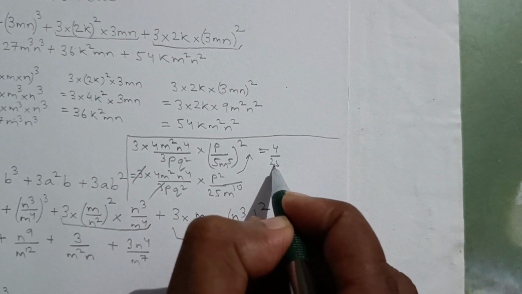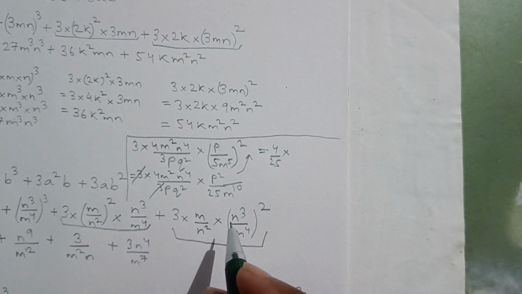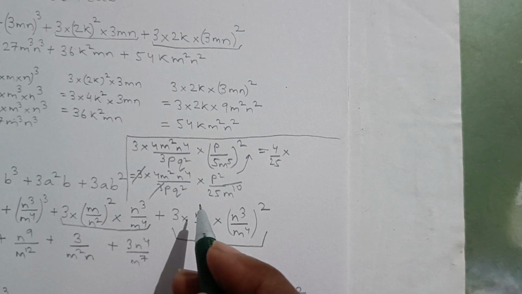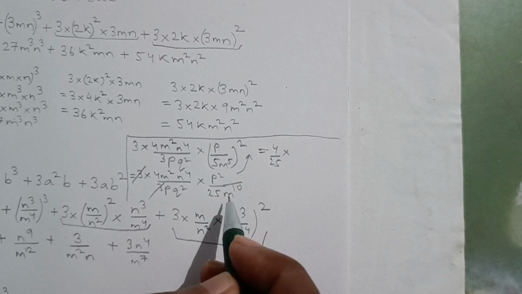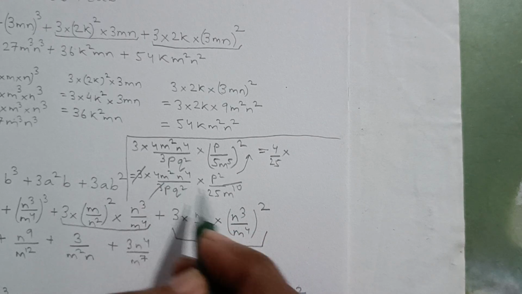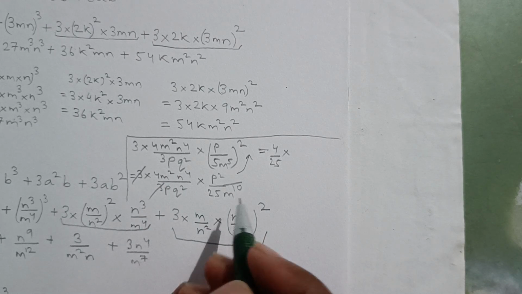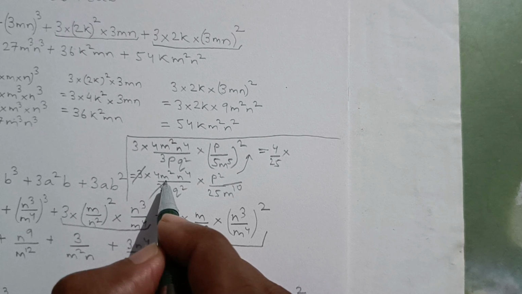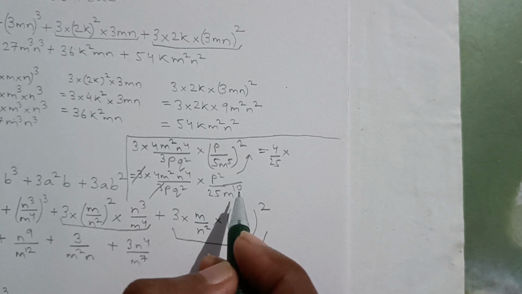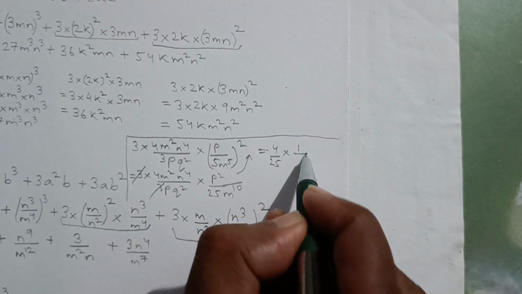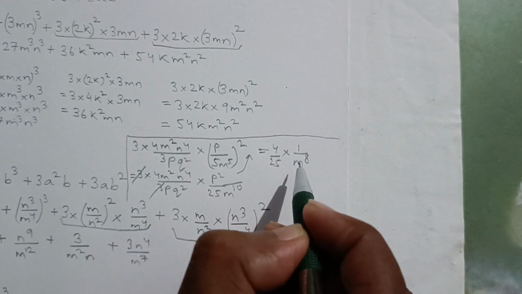So 4 by 25 into, now m square upon m to the power 10. So m square upon m to the power 10 is m to the power 2 minus 10. 2 minus 10 is minus 8. So m to the power minus 8. I want to write it with positive power. So that will be 1 upon m to the power 8.